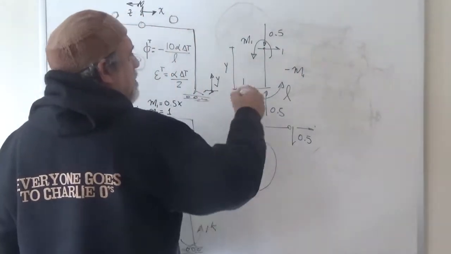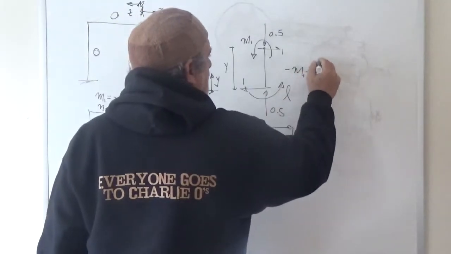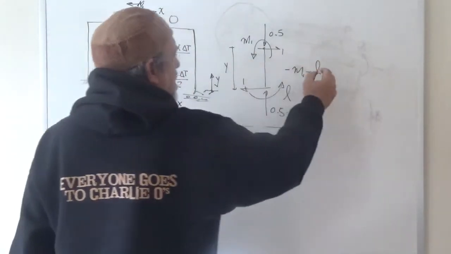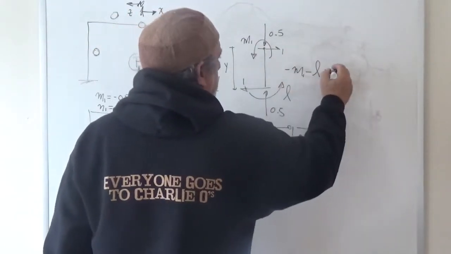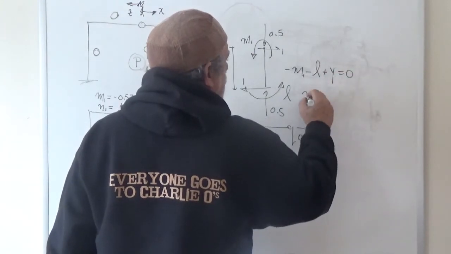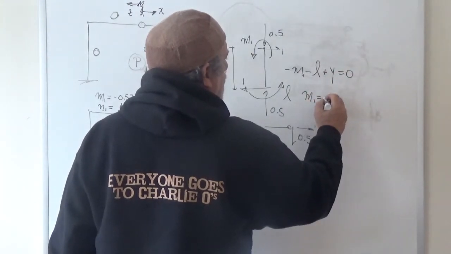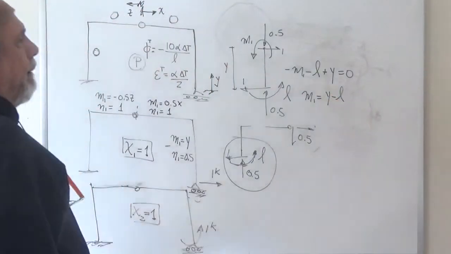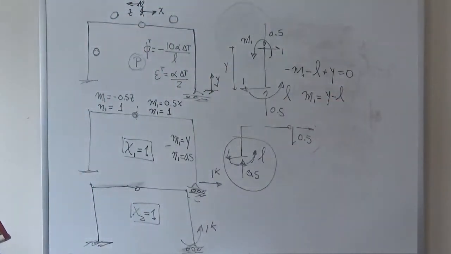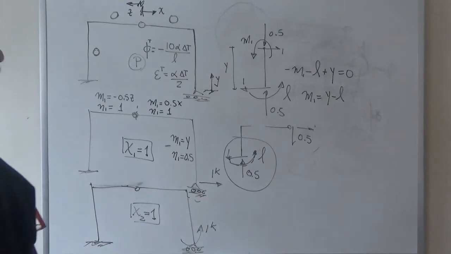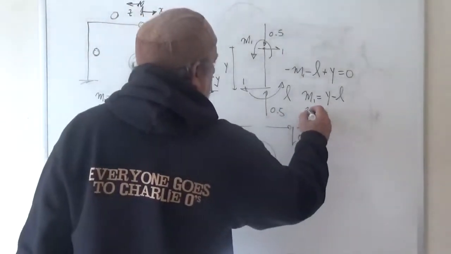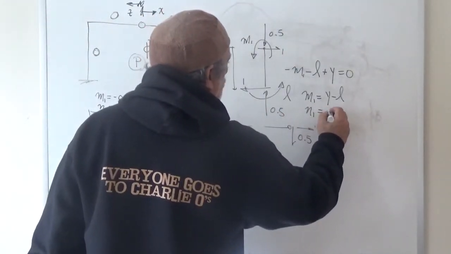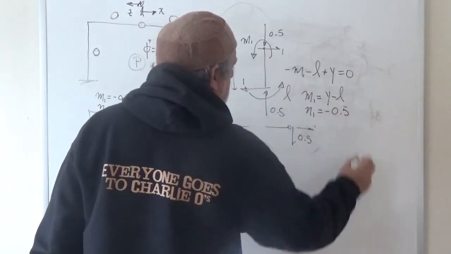Minus M1 minus L plus 1 times y is equal to 0. Therefore, M1 is equal to y minus L, right? So M1 is equal to y minus L. And from the sum of the forces in the y direction, we find that N1 is minus a half. Why is it minus?